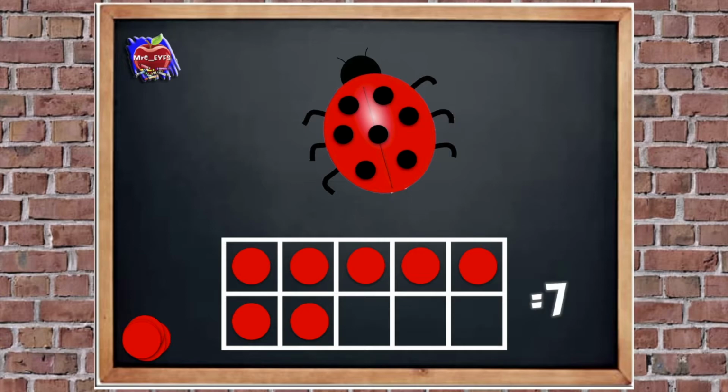And that makes it much easier to count. But if I put these 2 into these squares, are there still 7? Yeah, there's still 7 because we haven't taken any away, but it's a little bit tricky to count them. So I'm going to put them back like this because I think this is the best way for us to count.